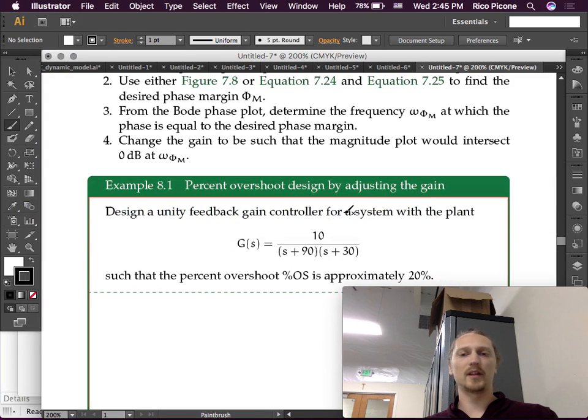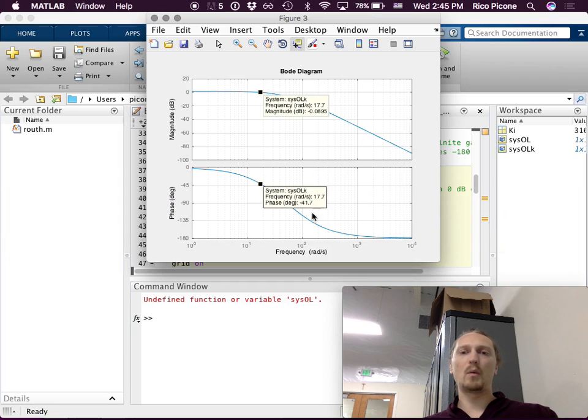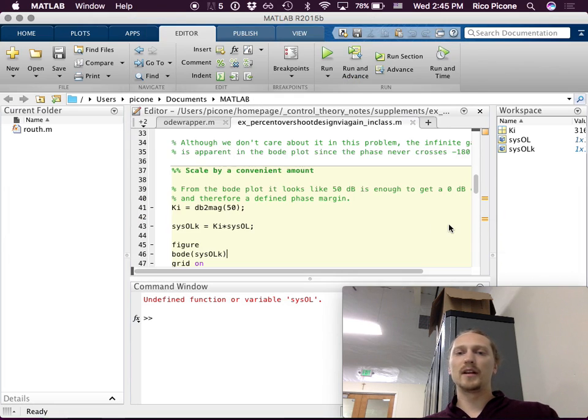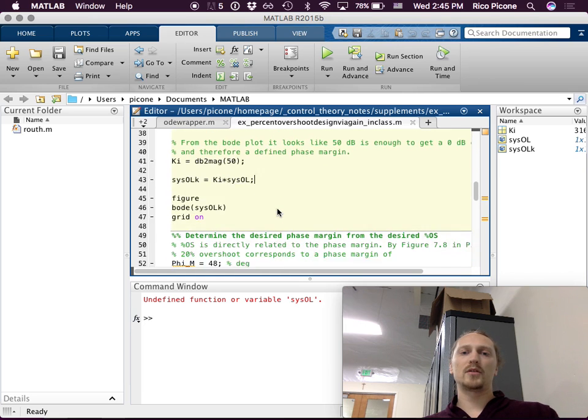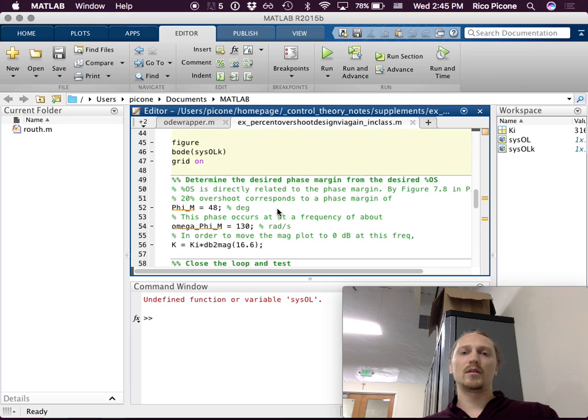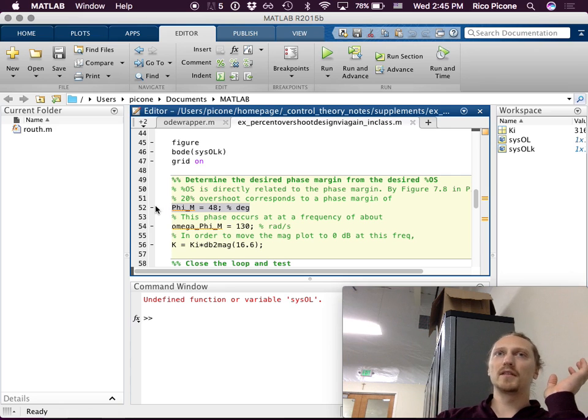That should have been labeled. Okay, so we want it to be 47, 48 degrees. So this is what we want, 48 degrees, let's say, for the phase margin.